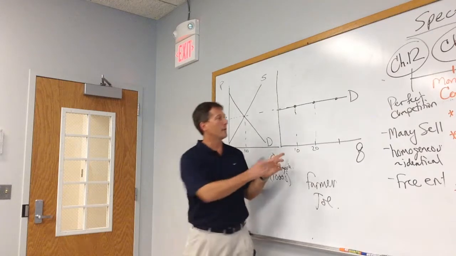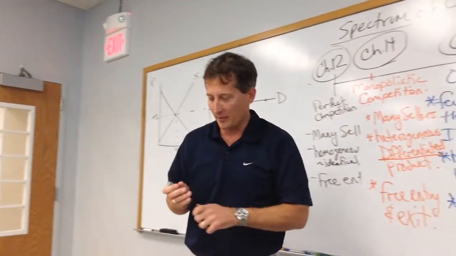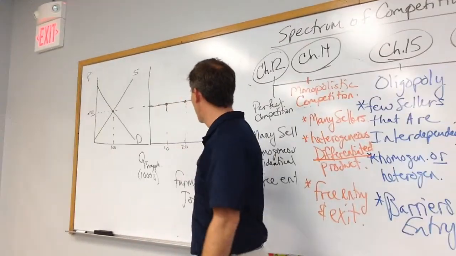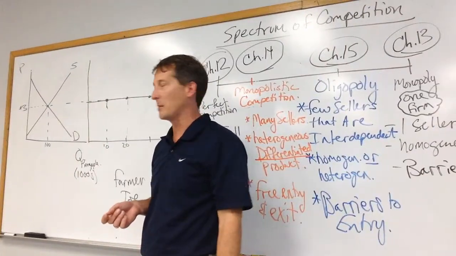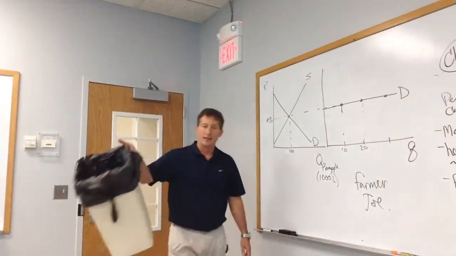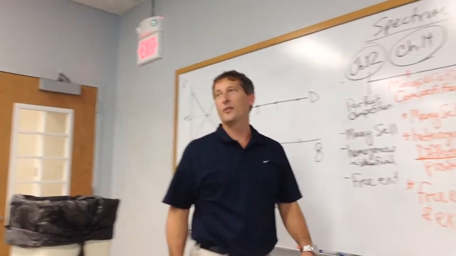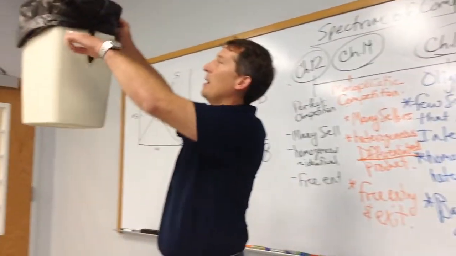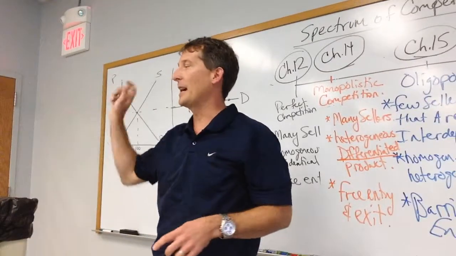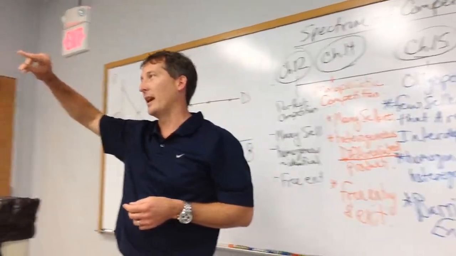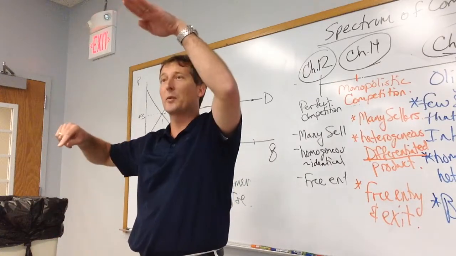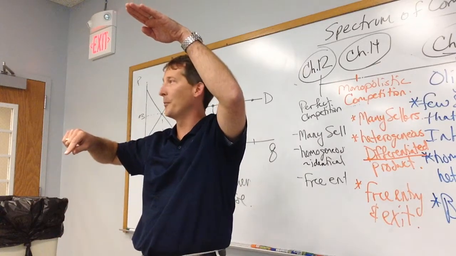All right, so the idea is that each individual producer is so small that their production doesn't make a difference to the market. The way I like to think about it is, imagine that this bucket is filled with water up to here. If I take an eyedropper and put in 2 drops of water, do you see the bucket level rise? No, right?